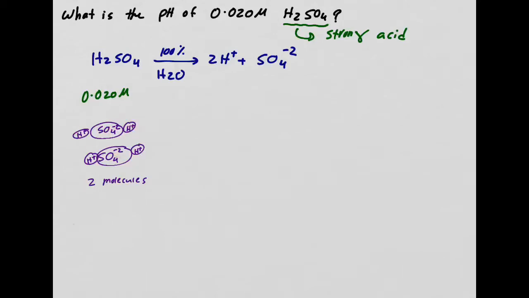H2SO4, H2SO4, right? I have 1, 2. I have 2 sulfuric acid. When these 2 sulfuric acid break up in water, because it's strong acid, everything is going to break up. I end up with 2 SO4 minus 2.